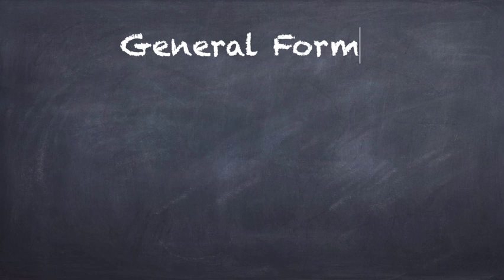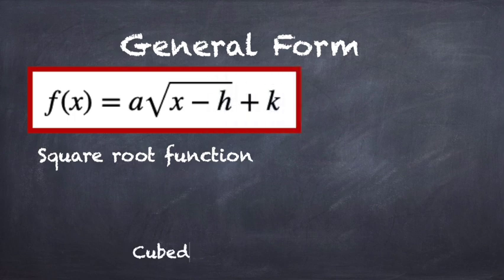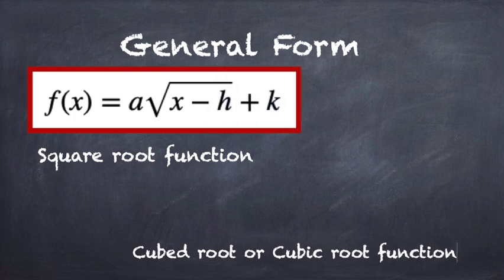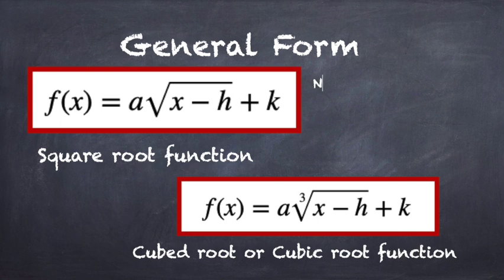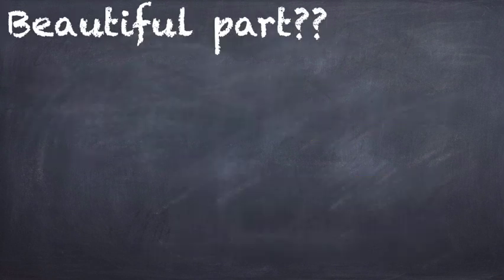Okay? The beautiful part of general form, I love it. And if you'll notice, both in the square root and the cube root function, we have our A value, our H value, and our K value, and they stand for the exact same thing, okay? Excuse me, I went quick, but you can back up and pause it.